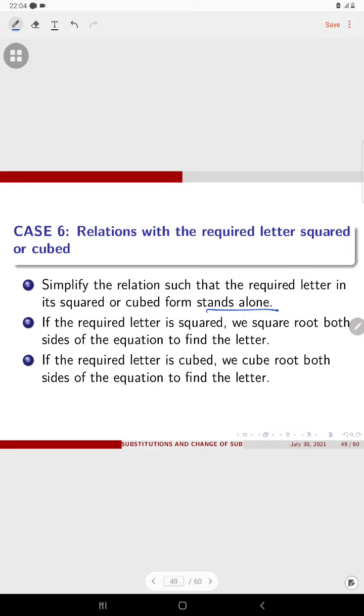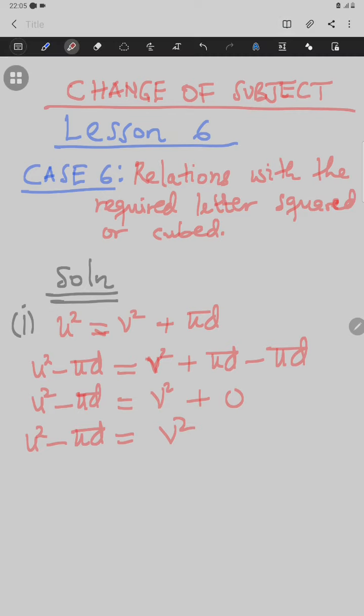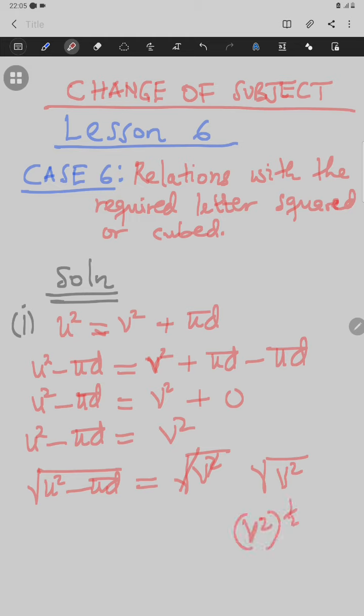Right, so the next step, since the V squared is now standing alone, I can eliminate the V squared by simply taking the square root of both sides. So if I take the square root, the square root will cancel this square, because the square root of V squared, as we know from indices, is the same as V squared exponent half.